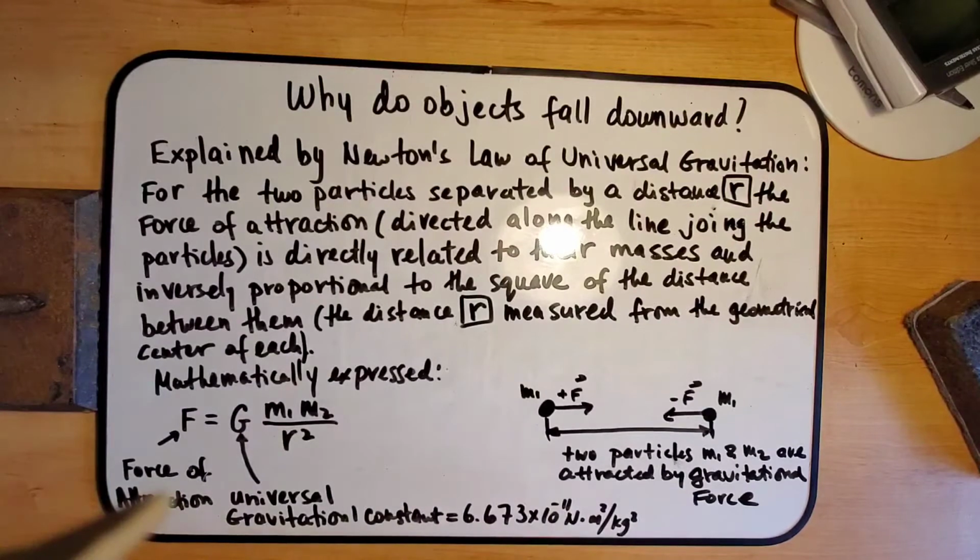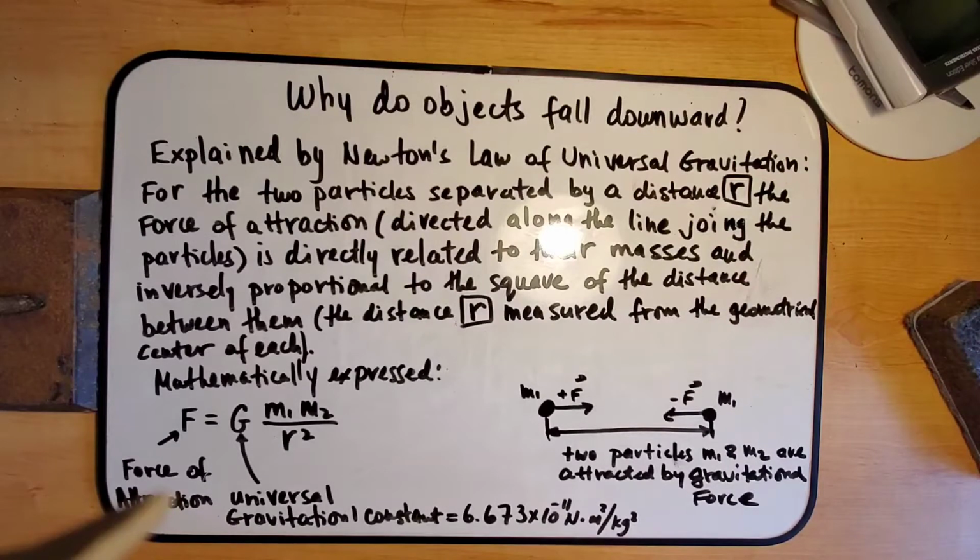To explain this, we're going to use Newton's law of universal gravitation. I'm going to read it to you, and after this we will be able to figure out why objects do fall.